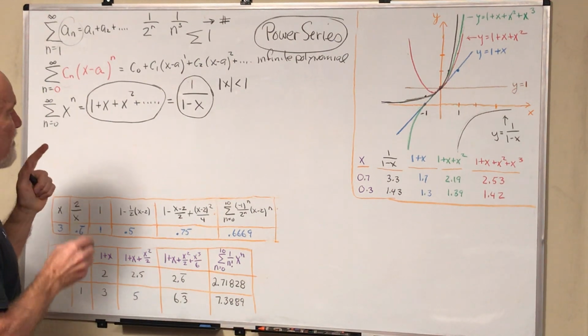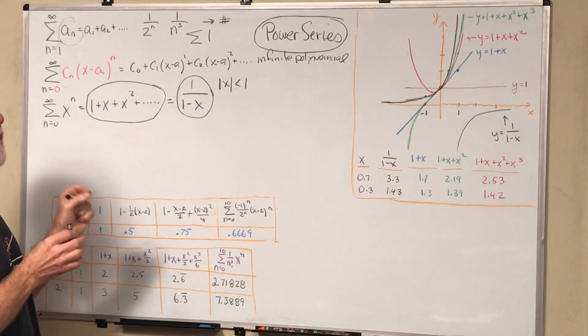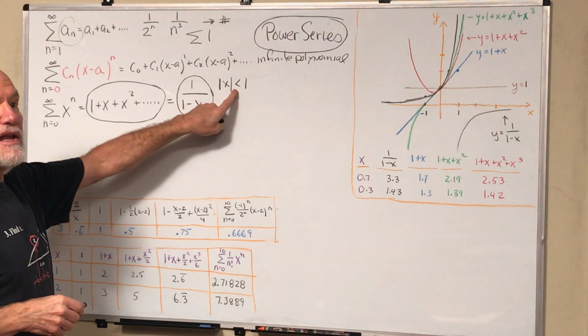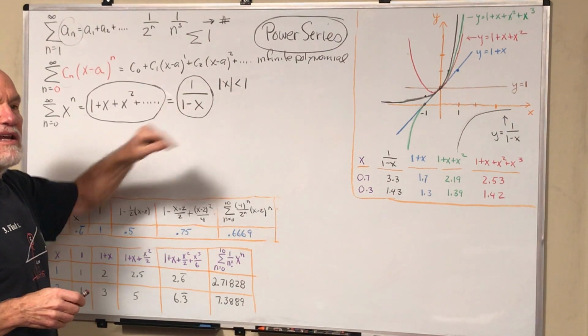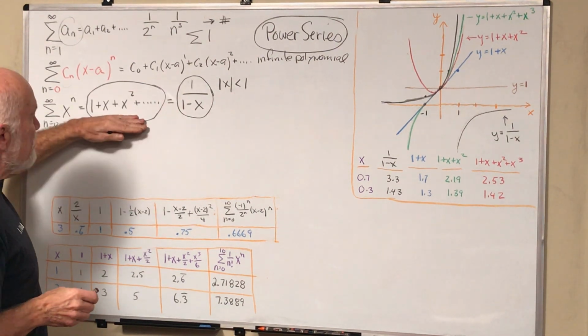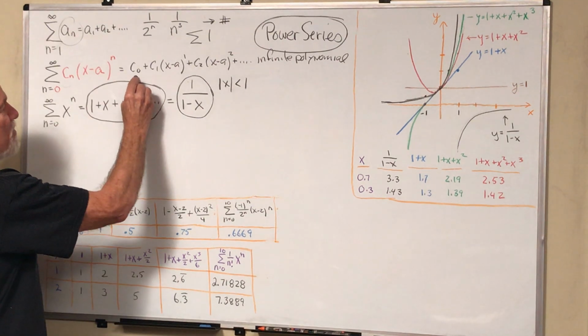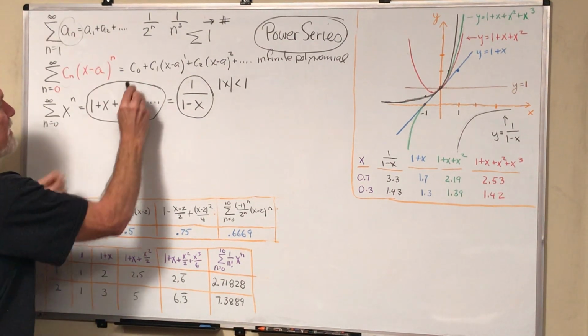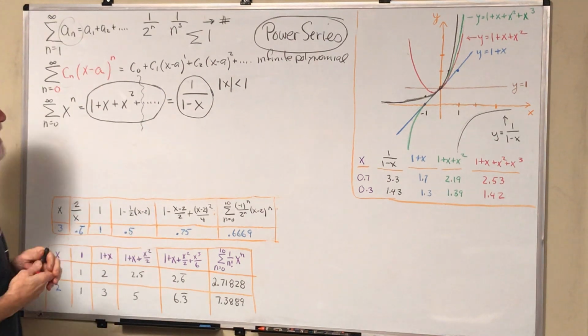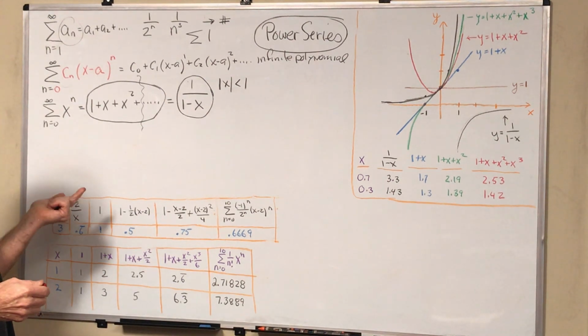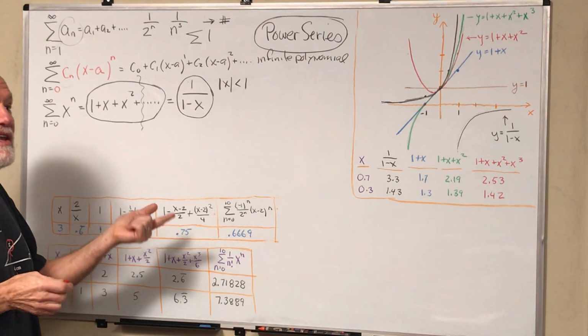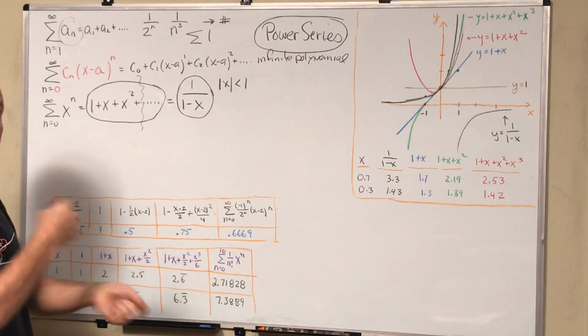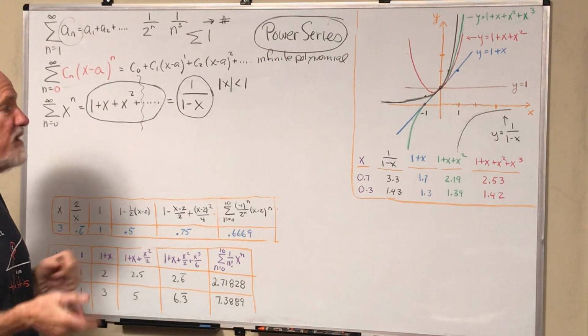Now, think about this for a minute. If you're picking a number that is between -1 and 1, is the accuracy, if you stop at a certain place, like say we stop right here, is it going to be more accurate for 0.7 than it is for 0.3, or the other way around, or doesn't it matter?